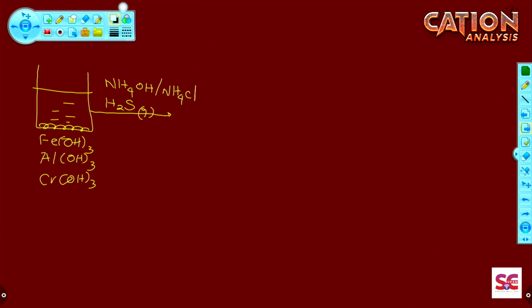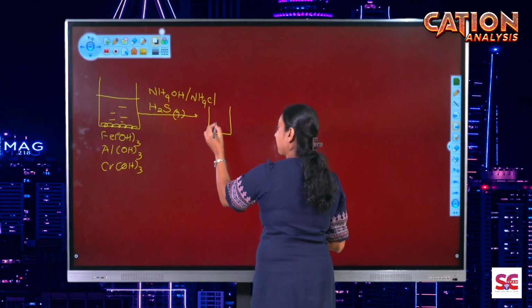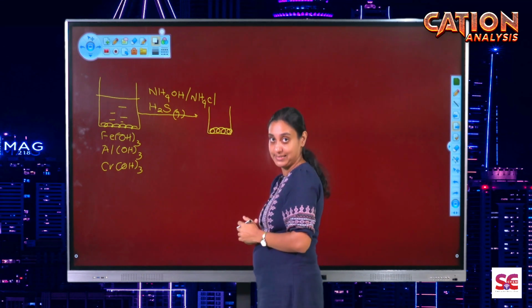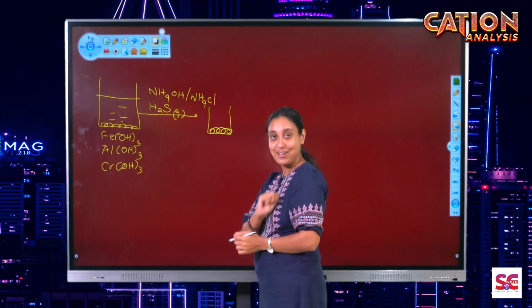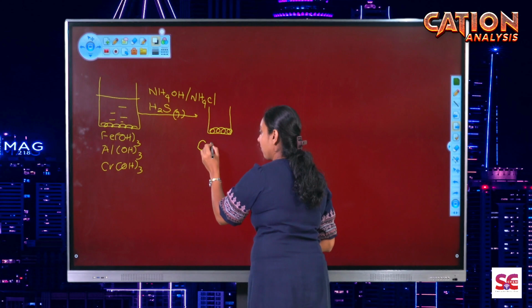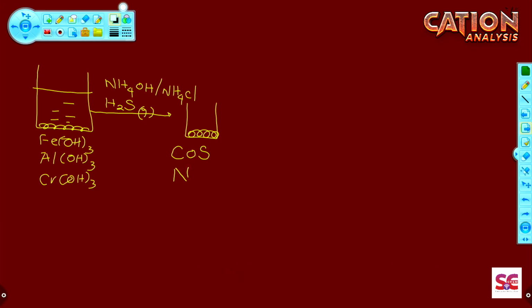Then we can observe four main sulfide precipitates. What are those? CoS, cobalt sulfide, and NiS and CoS. Those are black color precipitates.